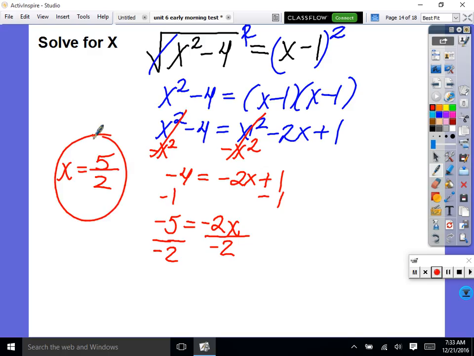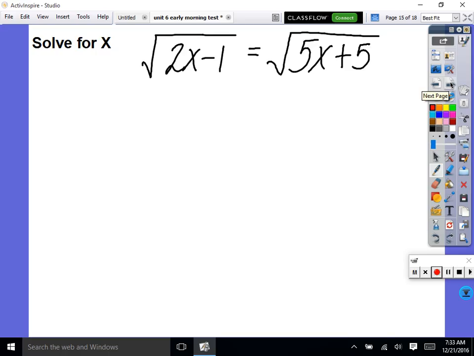I'm telling you right now, there will be at least one extraneous solution on the test, so make sure you check them right, because I have people check them wrong and call something extraneous that isn't. You know what I mean? So you got to make sure you're checking them right. If this one didn't work, since there's only one solution, we would say no solution. Everybody understand? Okay.